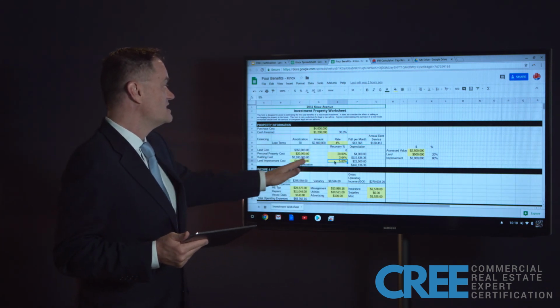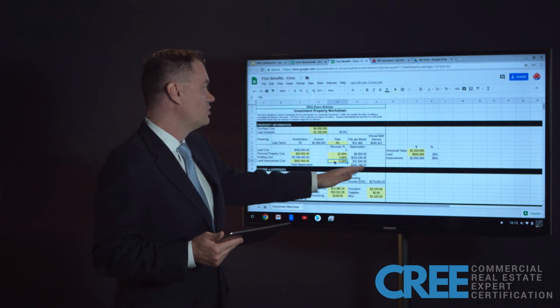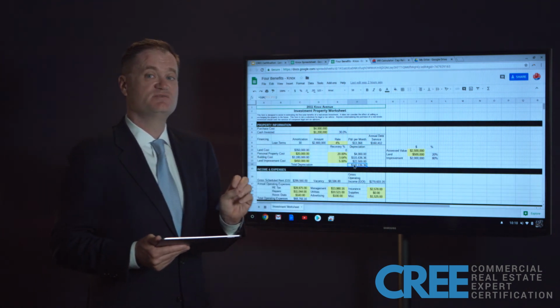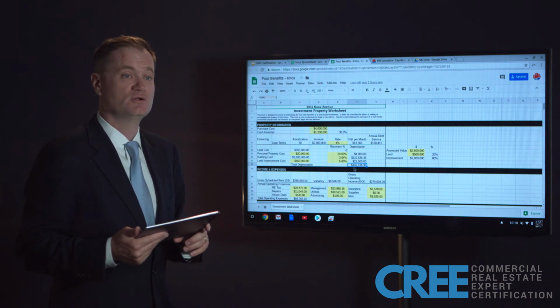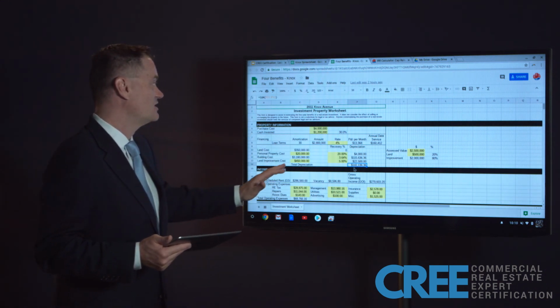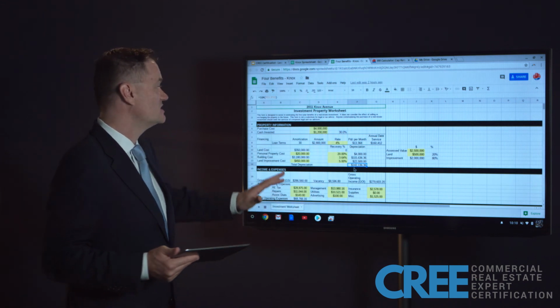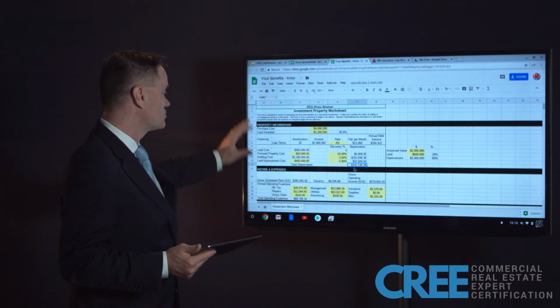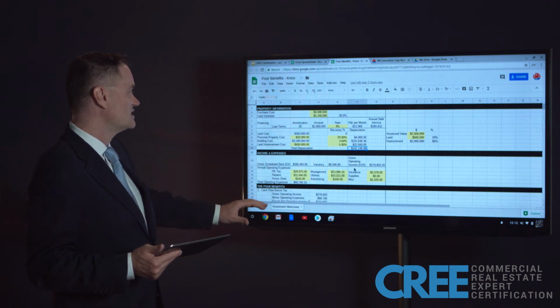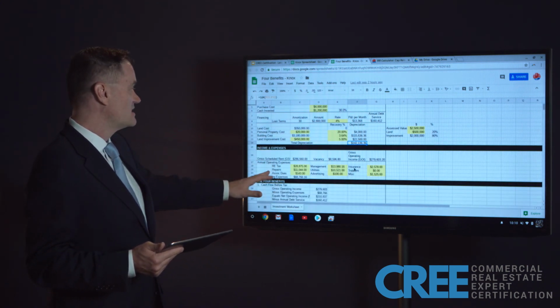So this is calculating, though, the total amount of depreciation that this investor can take in the first year, which is roughly $142,000. So this worksheet is here for you. This is the worksheet that was used on Knox Street. And as you scroll down, it does a very quick and easy income and expense analysis.